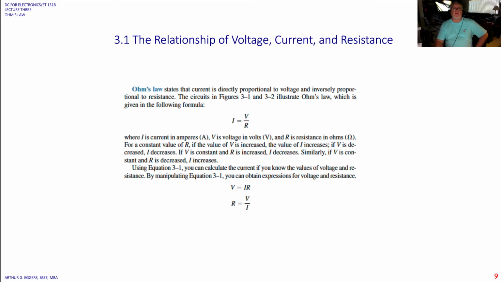current. Ohm's law states that current is directly proportional to voltage and inversely proportional to resistance. And this makes a lot of sense if we just look at the mathematical relationship.